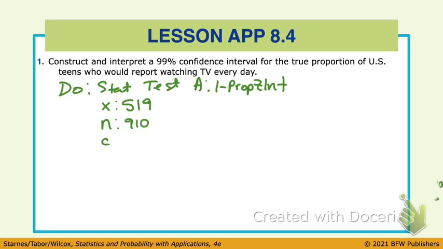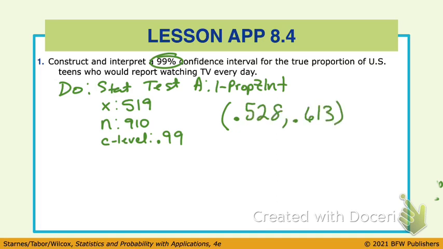And then our confidence level, that's going to be 0.99. That's our 99% confidence level. So we'll go to stat test A, and we've got 519, 910, 0.99, and calculate. And it gives us 0.528 to 0.613. That means that somewhere between 52.8% and 61.3% of U.S. teens watch TV daily. All right, we're going to conclude.